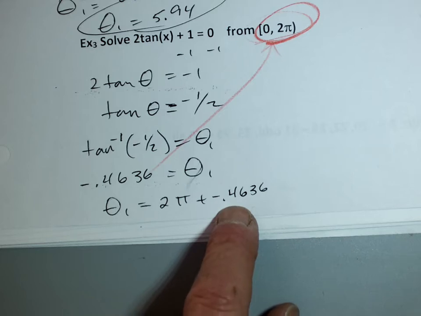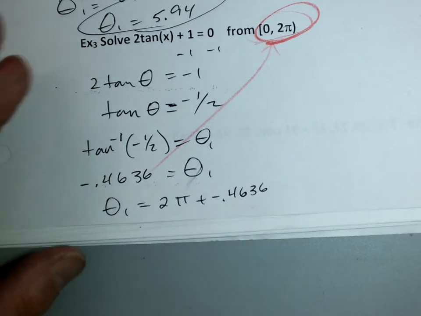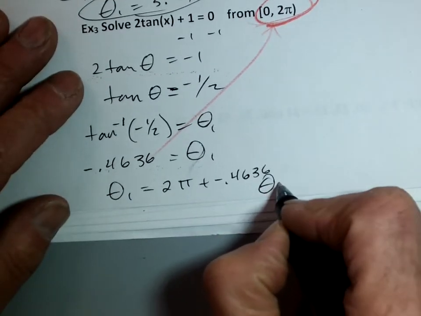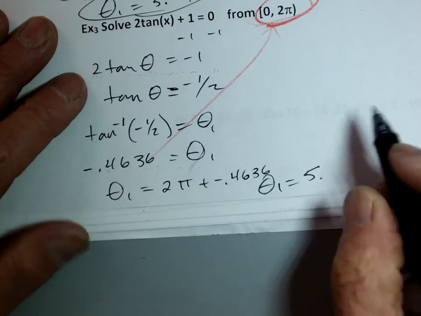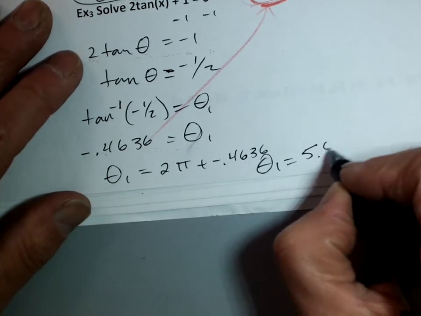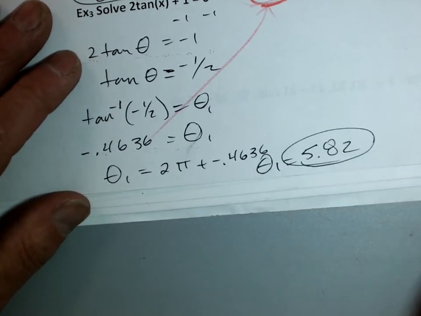I'm messed up. 2 pi minus 0.4636. Okay, so I get an answer of about theta 1 equals 5.82.